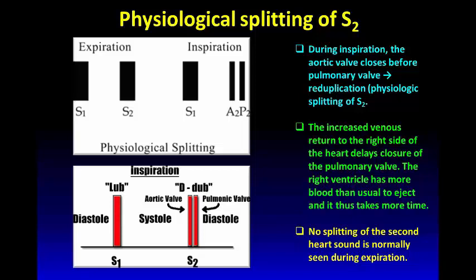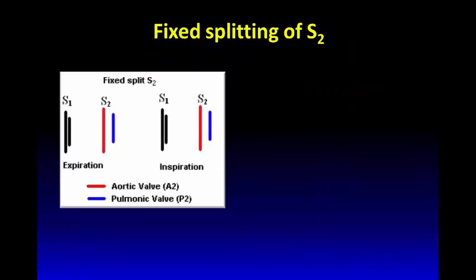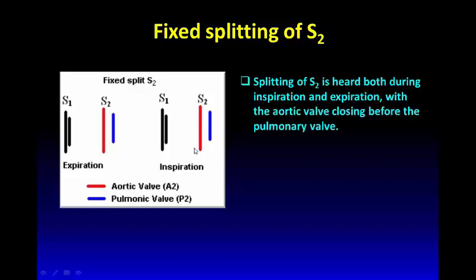So this is the physiological, the normal splitting of the second heart sound, which is heard in normal individuals during inspiration. We might have abnormal splitting of the second heart sound in the form of fixed splitting of the second heart sound, where the second heart sound is split both during expiration as well as during inspiration, with the aortic valve closing before the pulmonary valve.